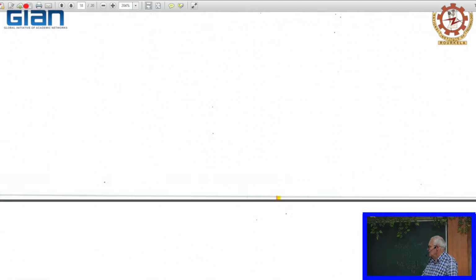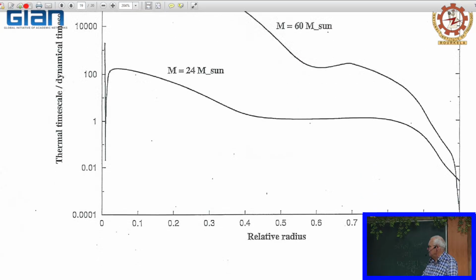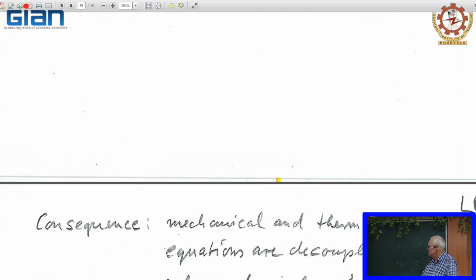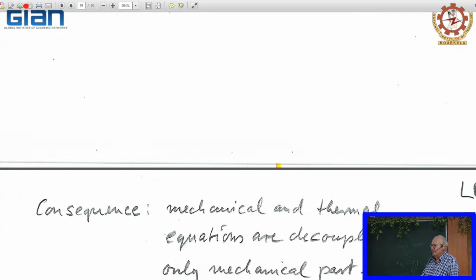Okay, well, what happens if we have adiabatic changes of state? Well, the consequence is that by this relation, we can abandon all the thermal equations. Because if T1 is equal to nabla adiabatic times P1, then we also lose the luminosity perturbation.